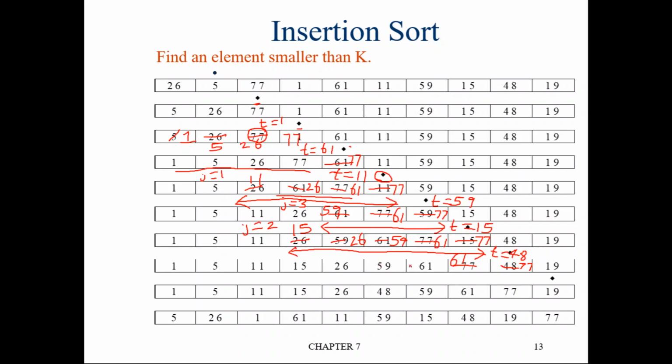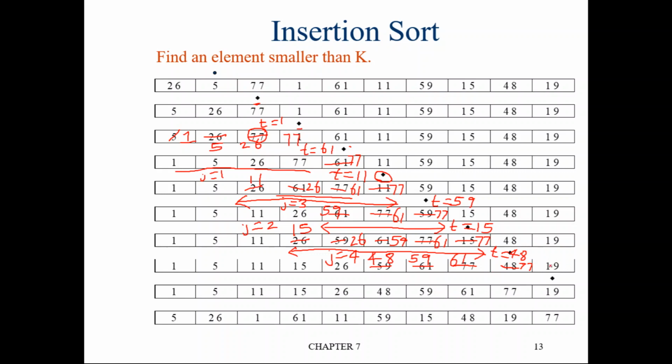Again 59 is greater than 48, so this will become 59. Now 26 is not greater than 48, 26 is less than 48, so the inner loop will break here. So this is what j is equal to: 0, 1, 2, 3, 4. So a of j plus 1 will be replaced with t. So this location will become 48. Okay. So that here you got 48, 59, 61, 77.